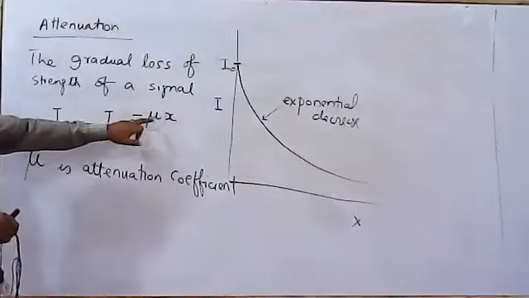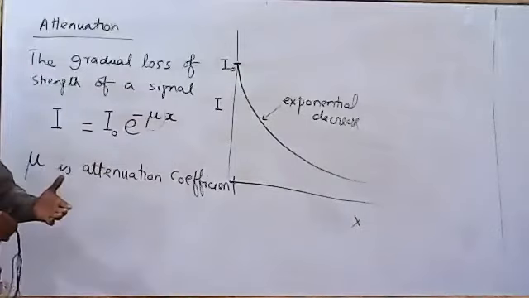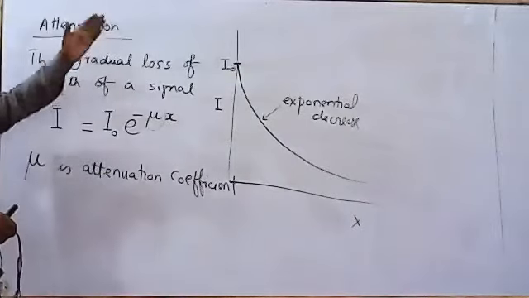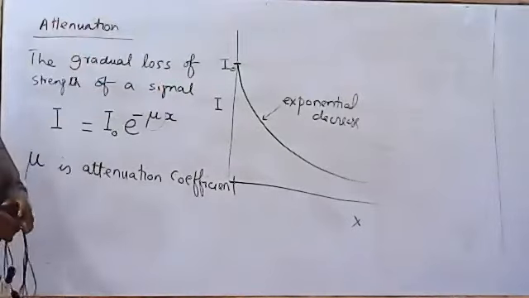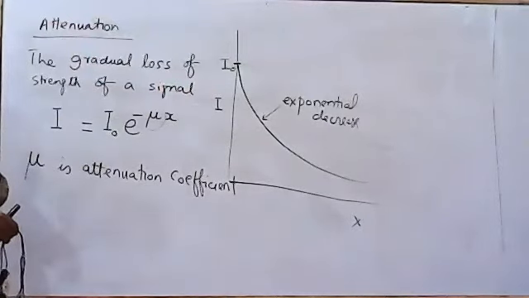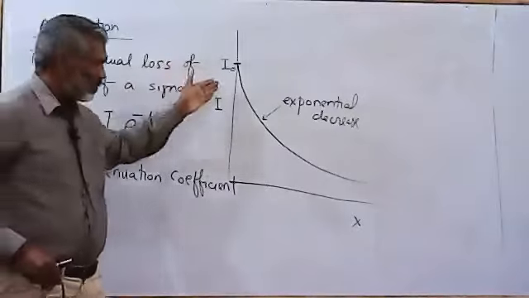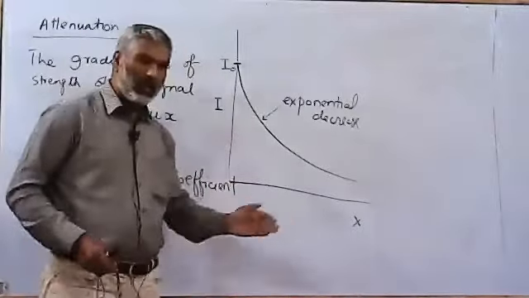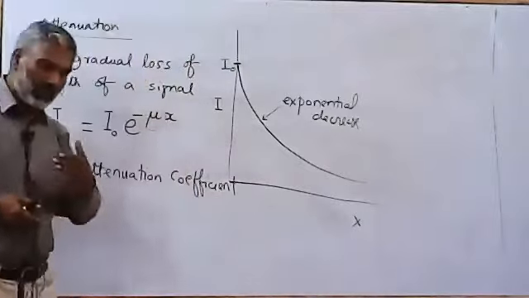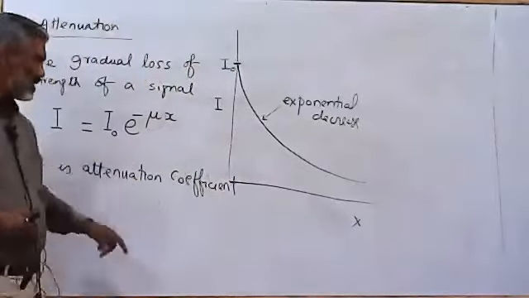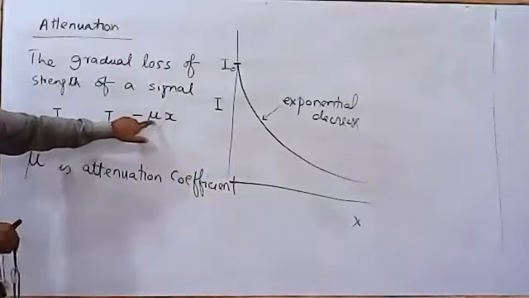If its value is large for a particular medium, there will be a faster loss of energy in it. So we have the original signal becoming weak very, very quickly. It will not be able to cover much distance if mu has a large value for a particular medium.